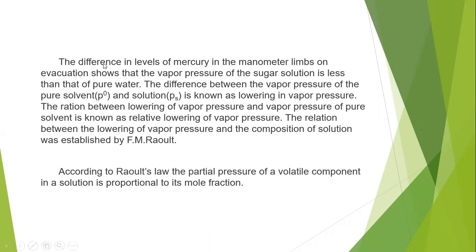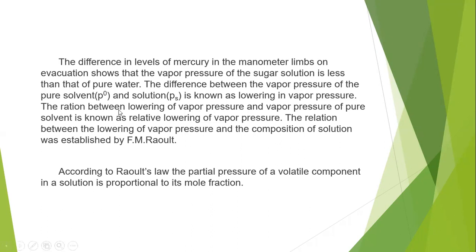For a pure solvent, if we consider the vapor pressure as P0, that is the vapor pressure of the pure solvent, and the vapor pressure of the solution as PS, where S stands for solution, then the difference between them gives the lowering in vapor pressure.